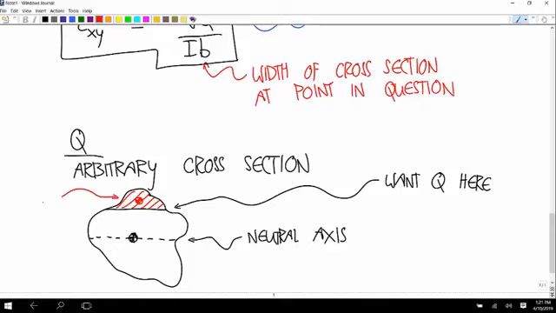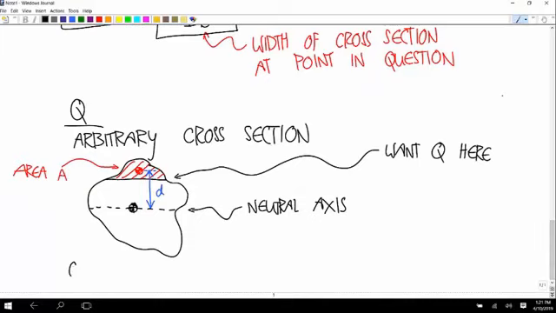This shaded region has an area A. Then calculate the distance from the neutral axis to the centroid of the shaded area. I'm going to call that distance D. Then Q is equal to the area times that distance D.